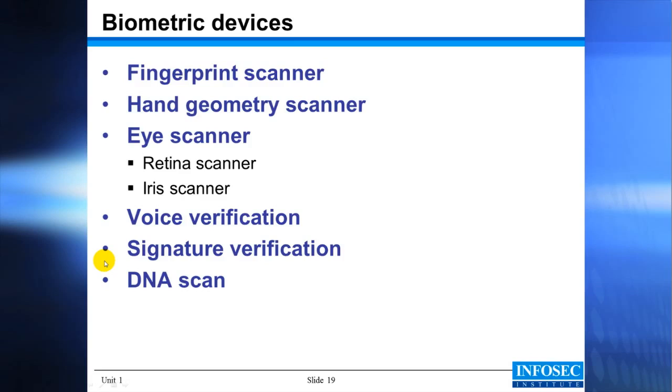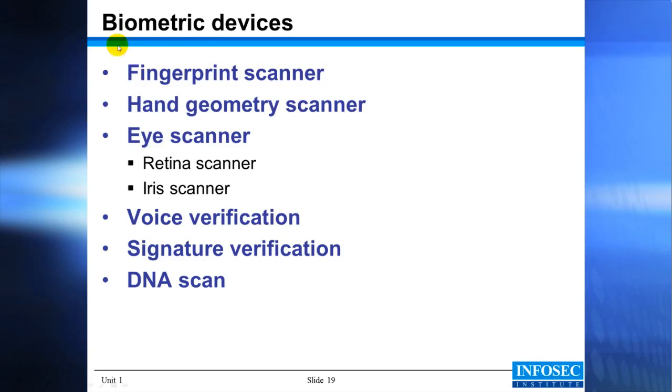Now, as I mentioned before, biometric devices will take some physiological scan of the authorized user or employee and maintain that information on the system. And then each time the user needs to be authenticated, they would submit to this scan, and the second scan would be compared to what is stored on the system for that user.